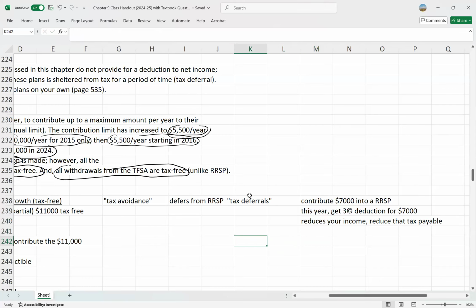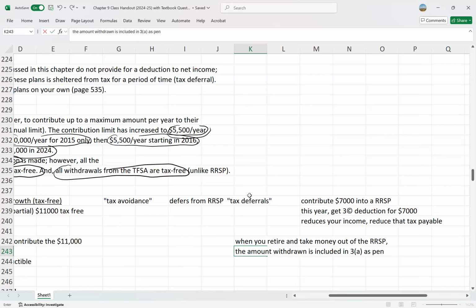But then when you retire and you take money out of the RRSP, the amount withdrawn is included in 3A as income, basically your pension income. And so this is when you pay tax on it. This is known as tax deferral.